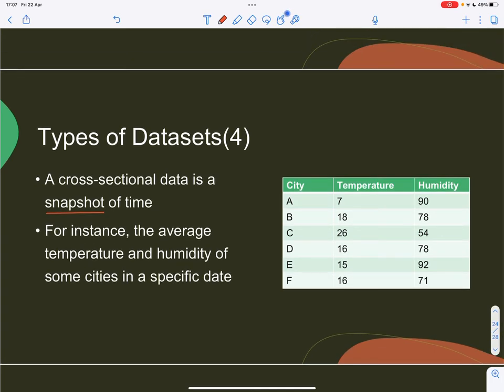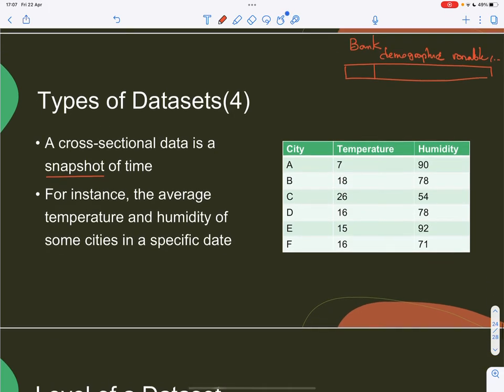An example: let's assume that you are working in a bank, and when a customer joins, you record some information about that customer. Let's say demographic variables and more.